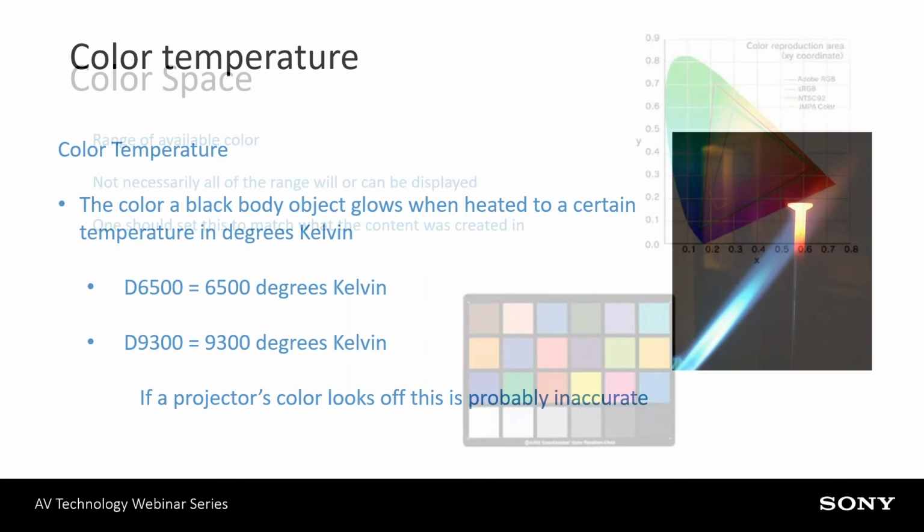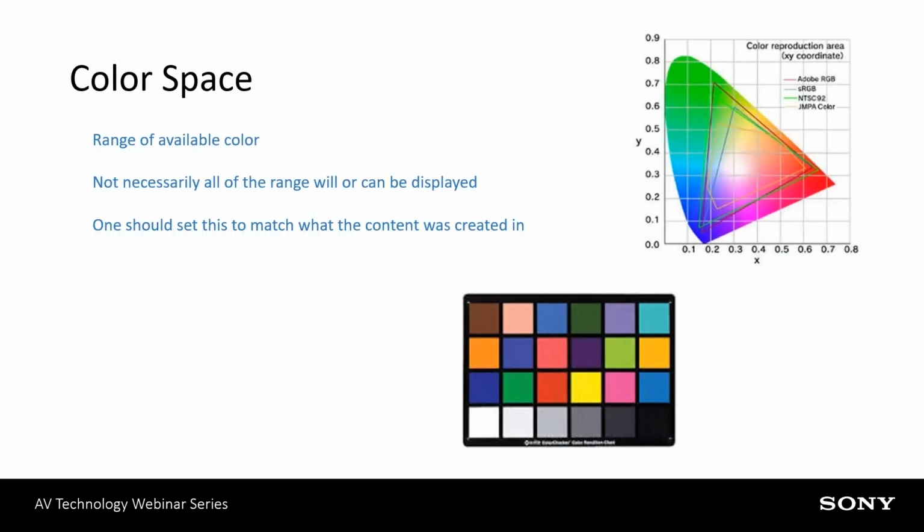That's what that's about. Color space, on the other hand, is a map, if you will, of what color ranges I want to reproduce. You'll see up in the right-hand side these different triangles and different color spaces. It's not necessarily saying this particular display device will project all of that particular area.